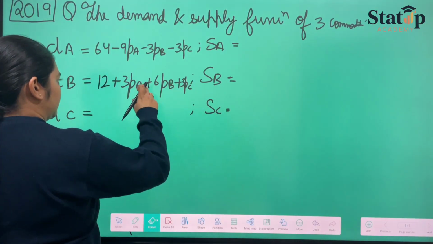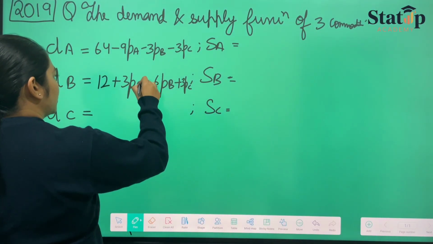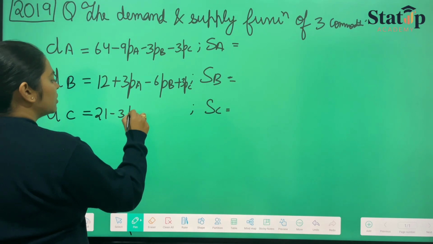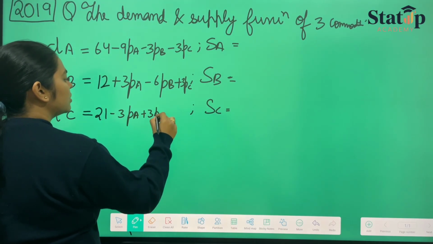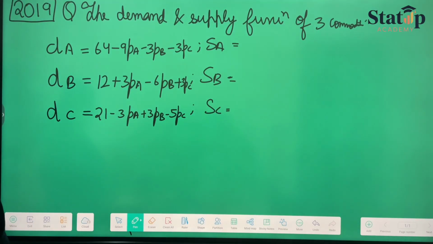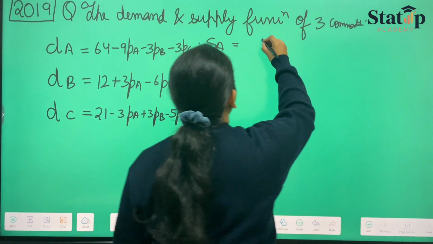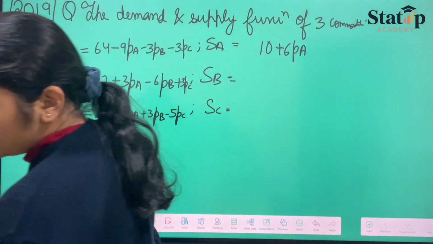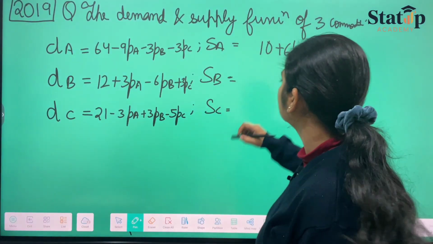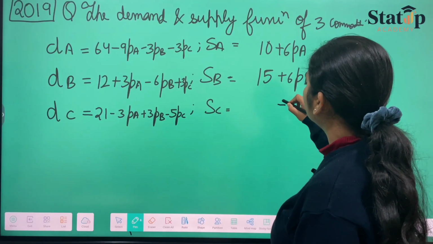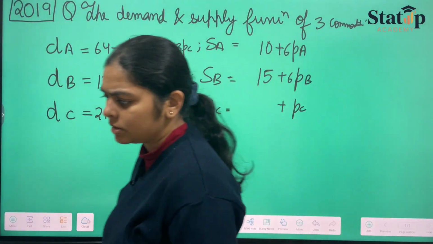This is minus 6 instead of plus. And DC is 21 minus 3 PA plus 3 PB minus 5 PC. And supply of A is 10 plus 6 PA, supply of B is 15 plus 6 PB, and supply of C is 3 plus PC.